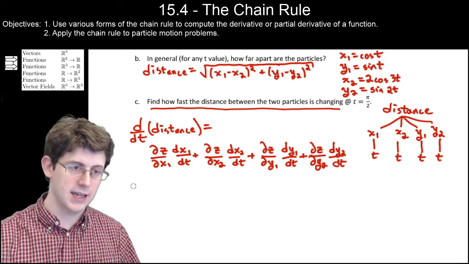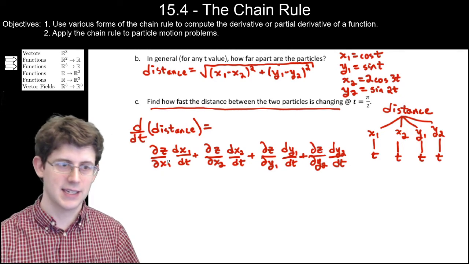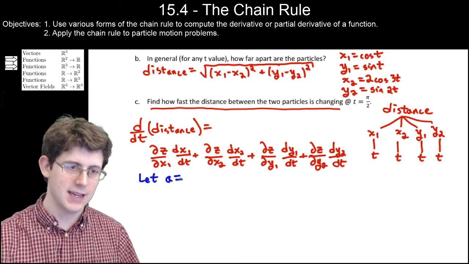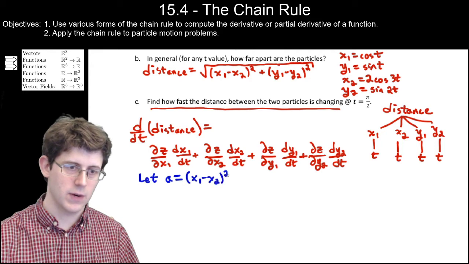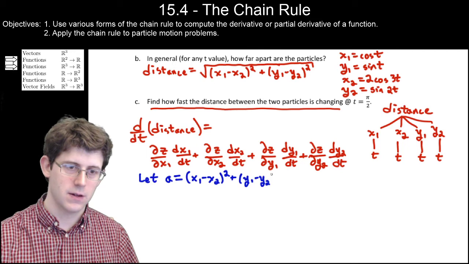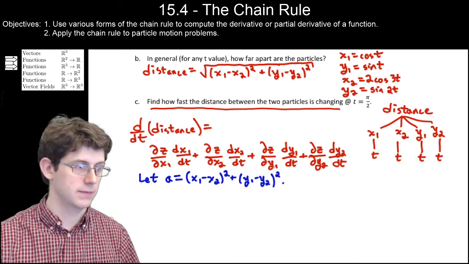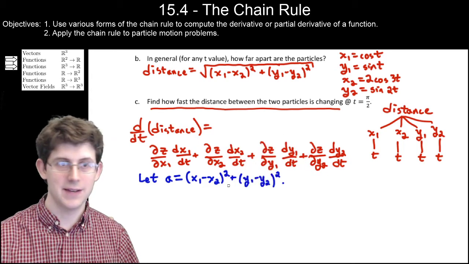So we'll say how about the inside of this? Let's just call it a. Let a be (x1 minus x2) squared plus (y1 minus y2) squared. Just so that I don't have to write it over and over.